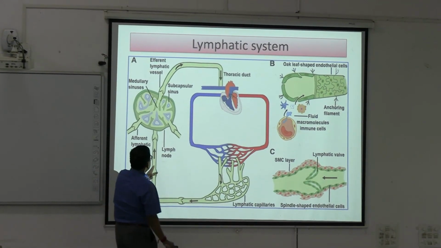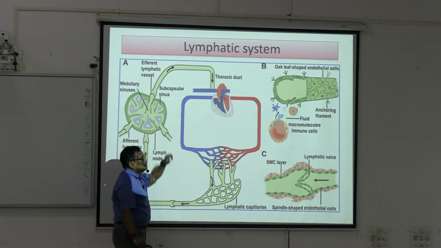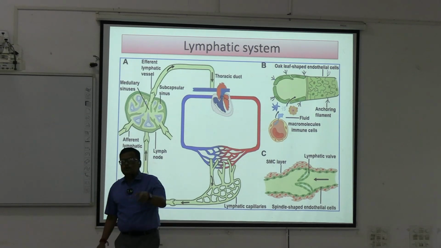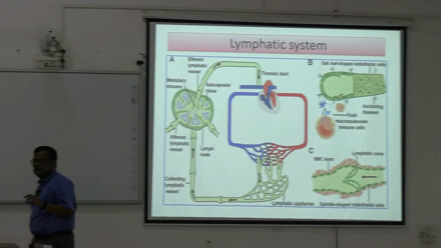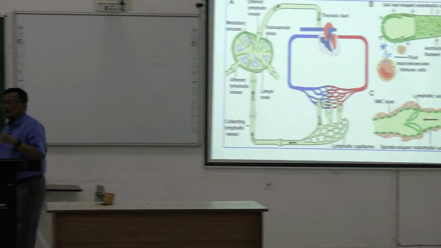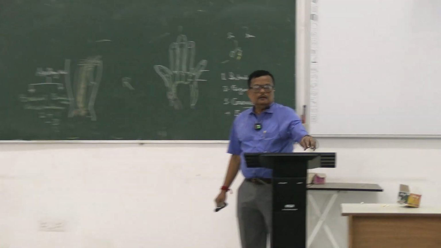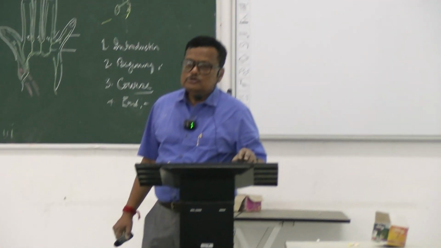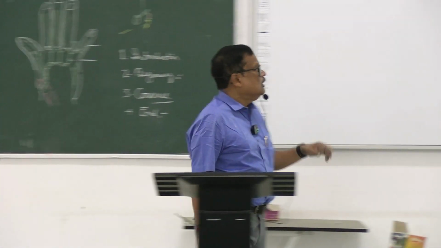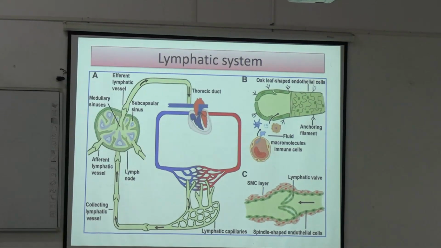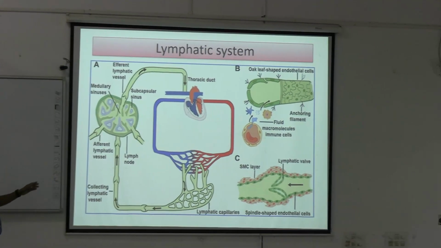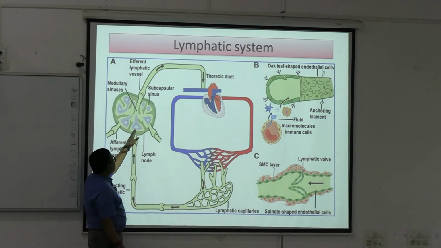On the way of the lymph vessels, there are some stations, like a rail route. Some stations are there, like Bardhaman, Bandel, Dankuni, etc. We call these lymph nodes. And here the lymph goes.